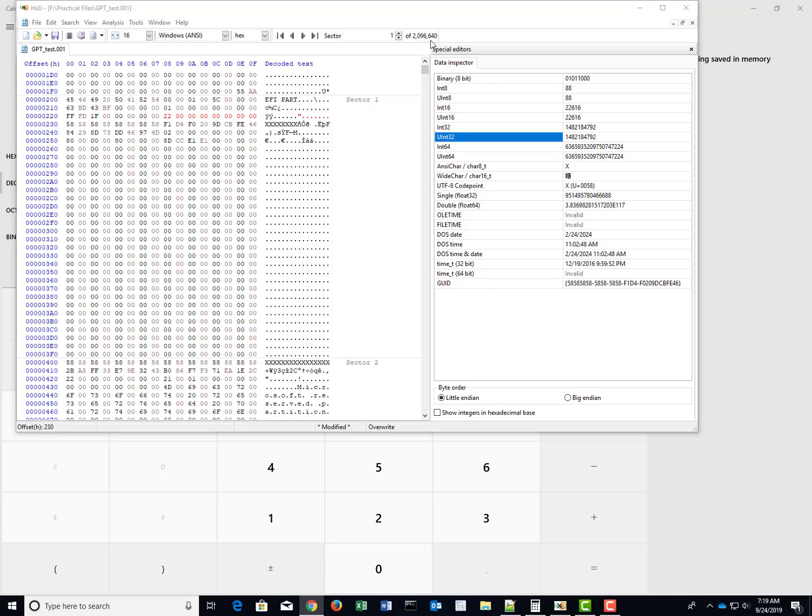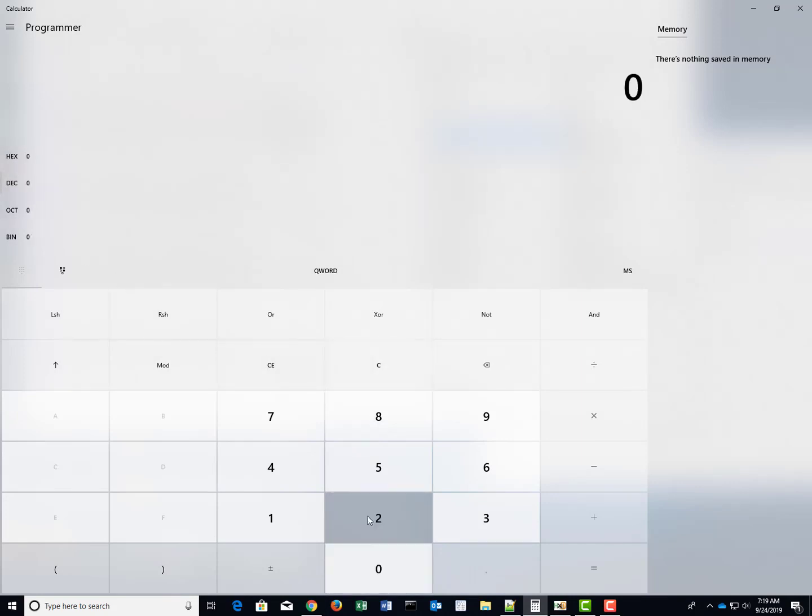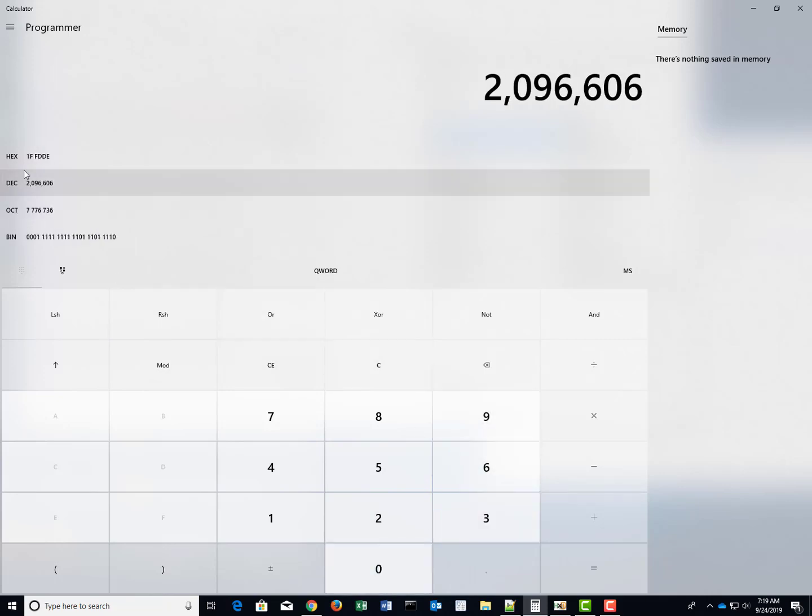That's the last usable sector. Again, I have to convert that. 2096606 in hex is 1F FD DE. That's only 3 bytes, so I have to pad with 00, and then I'm going to write it in little endian.